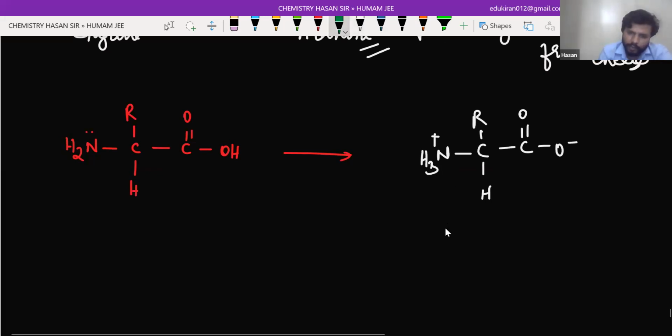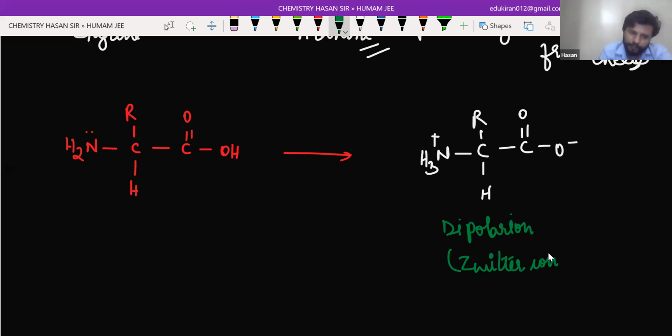We call it a dipolar ion or zwitterion. A zwitterion has positive and negative charge in the same ion. That is Z. So we can write zwitterion.